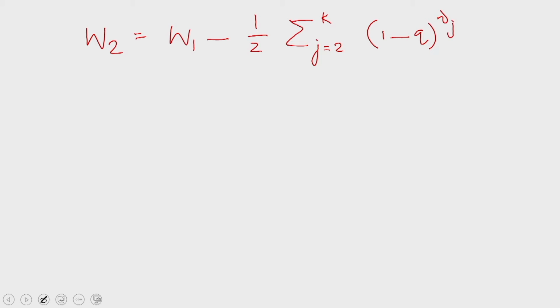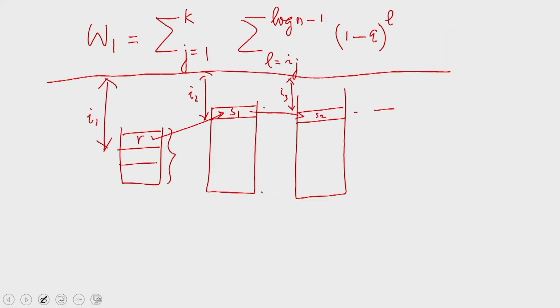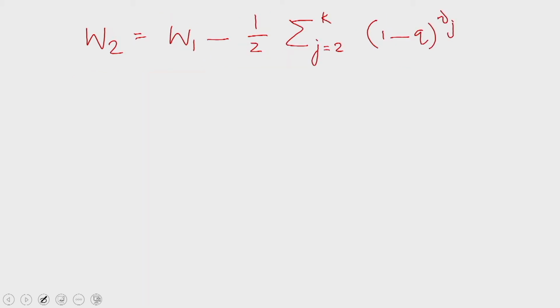So, the subjects in this had weights of 1 minus q power I2, 1 minus q power I3, etc., going up to 1 minus q power ik. Half of all these weights have been thrown away, which means the net weight in the system, that is in all these q's put together, would be W1 minus half of the sum varying from j equal to 2 to k of 1 minus q power ij. So, this is what W2 is.